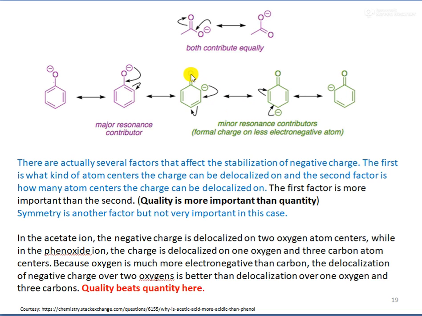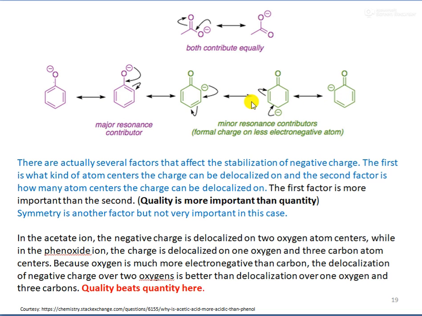This oxygen and this carbon differ in electronegativity, so this delocalization is not so perfect, and these are minor contributors to the resonance effect. The first two structures are major resonance contributors, whereas the quality of contribution by these three structures is not so good.